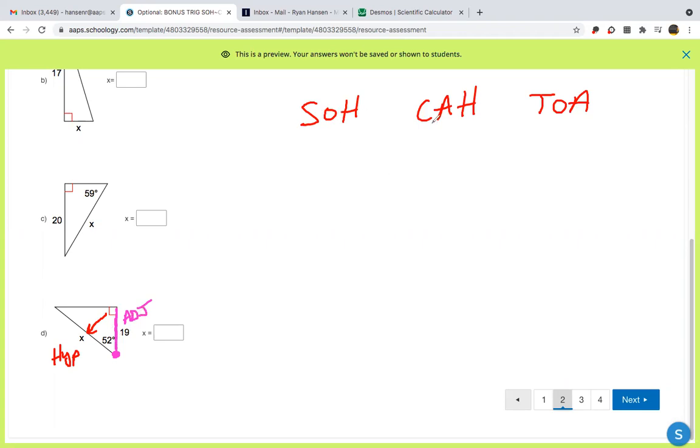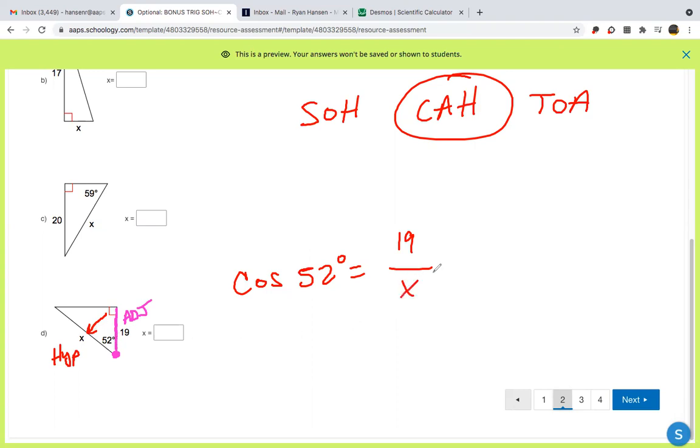The only little jingle here that uses AH is this dude, ka, which stands for cosine from the reference angle of 52 degrees is equal to adjacent goes on top, which was 19, over hypotenuse comes last, that goes on the bottom of the fraction, that was x.